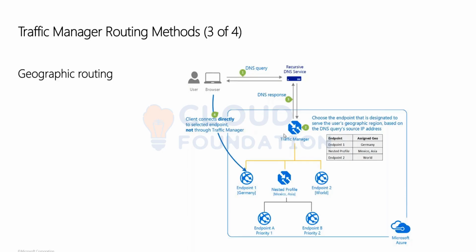Now, if you see this diagram, it shows something called as nested profiles as well. Whenever you have a complex scenario, you can make use of a nested profile, which means one of the components of Traffic Manager would be another Traffic Manager.